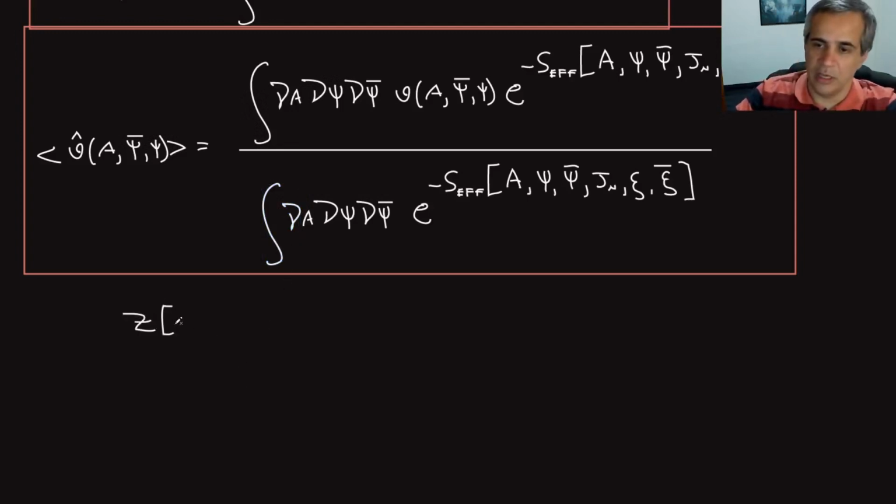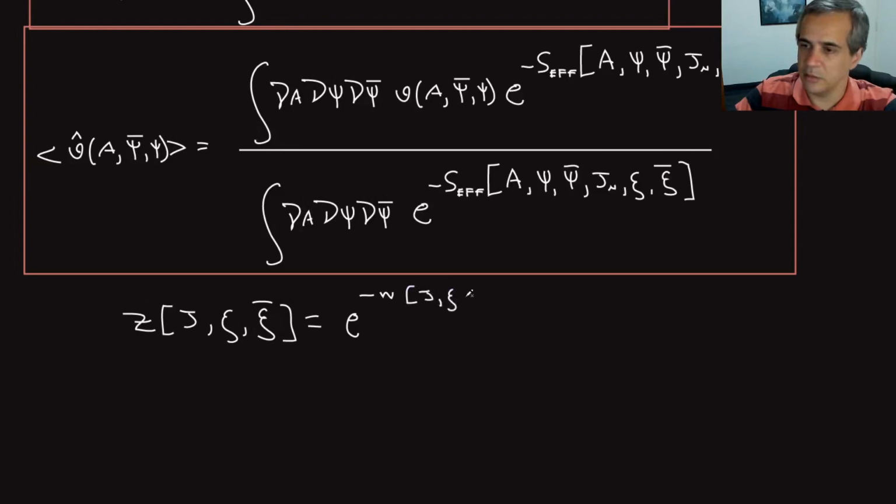I want to define Z, actually define W, which is given by this. So W is minus the log of Z.